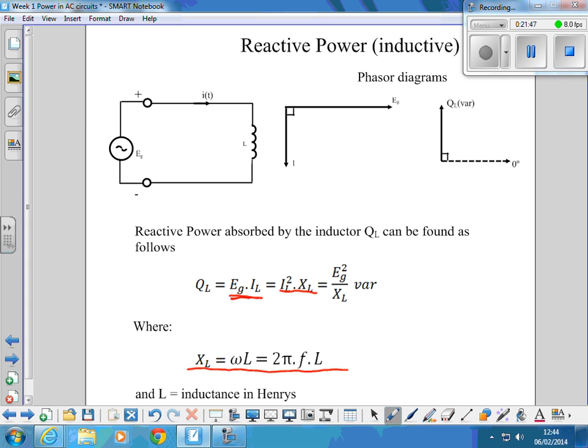Transformer data sheets will tell you things like what the inductive reactances are, or things can be measured. But generally you're going to be finding it mostly from a voltage and a current.